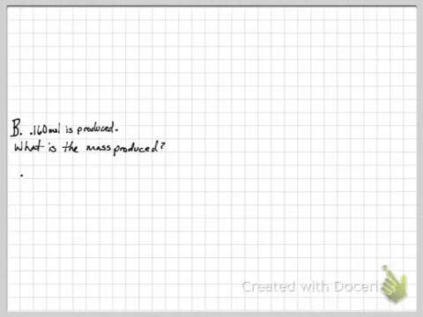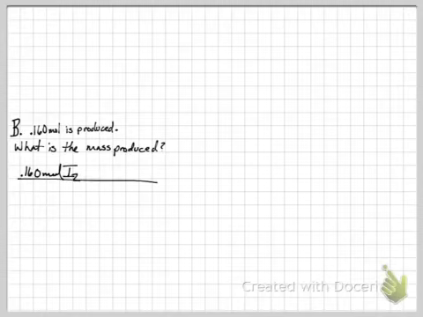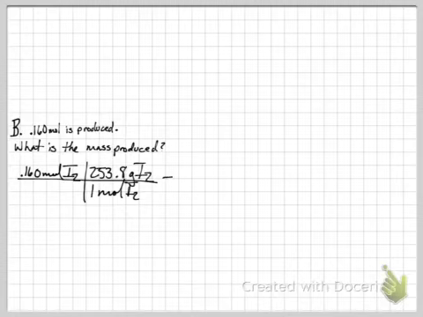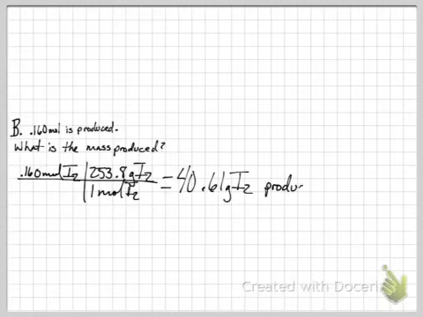So what is the mass of iodine produced? All we're going to do is set up our usual table, just like any other mole calculation, and then move from there to find our grams. So 0.160 times 253.8 will give us 40.61 grams of I2.